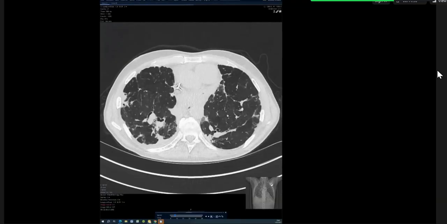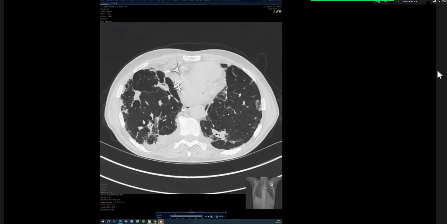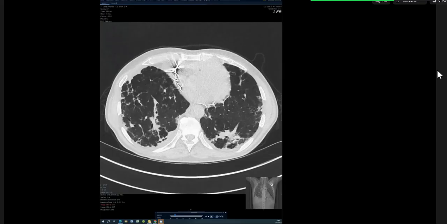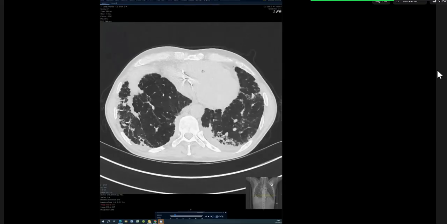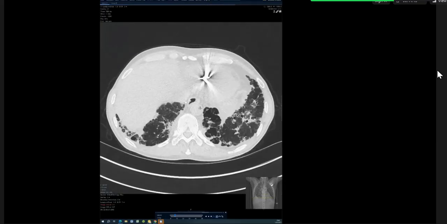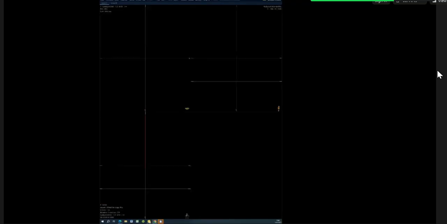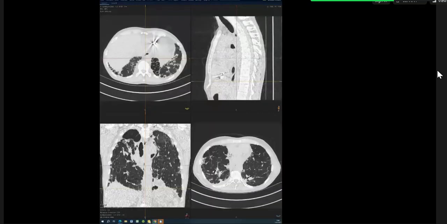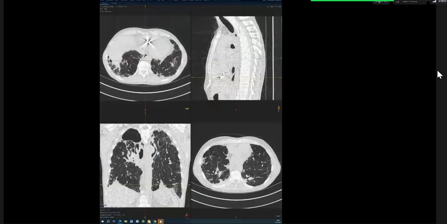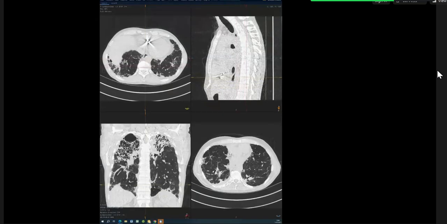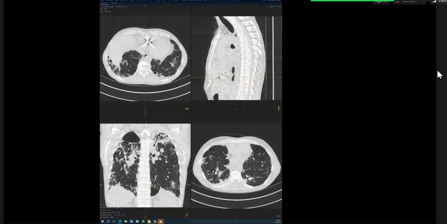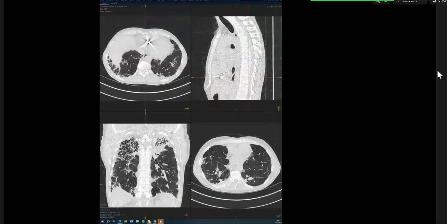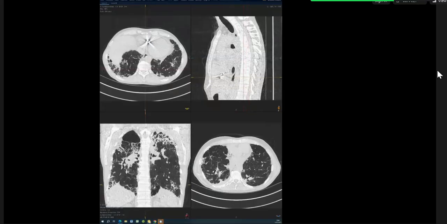There's bronchiectasis and honeycombing changes. When you want to say the bronchi are dilated in the context of fibrotic lung disease, you don't say bronchiectasis, because when you say bronchiectasis, it means primary bronchiectasis. You want to say traction bronchial dilatation every time. So this is upper zone fibrosis with traction bronchial dilatation and honeycombing.